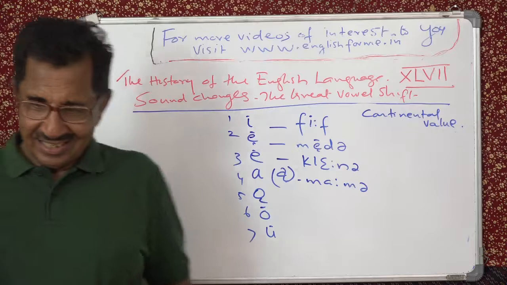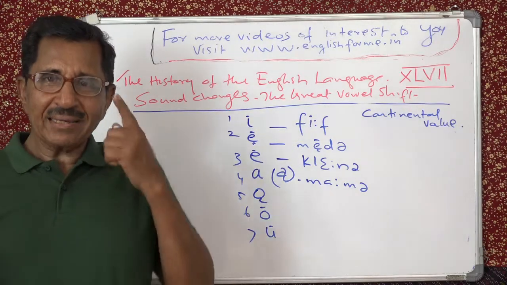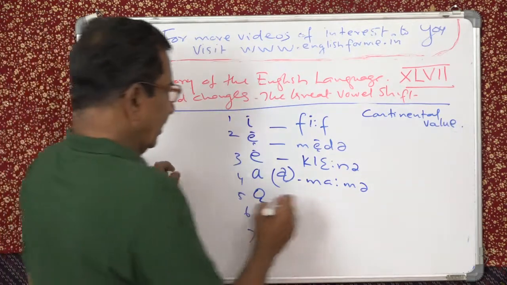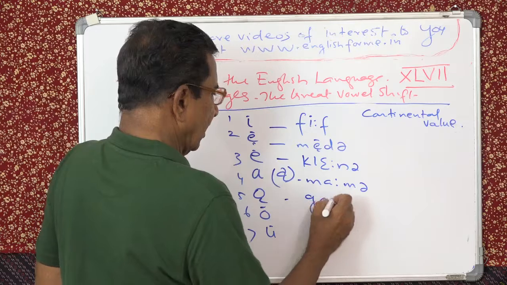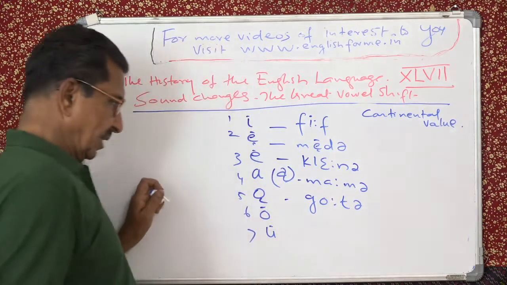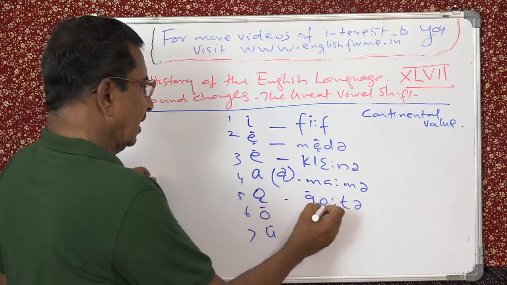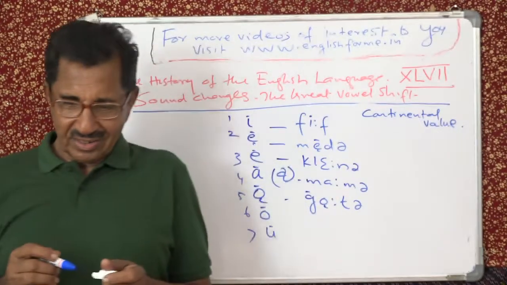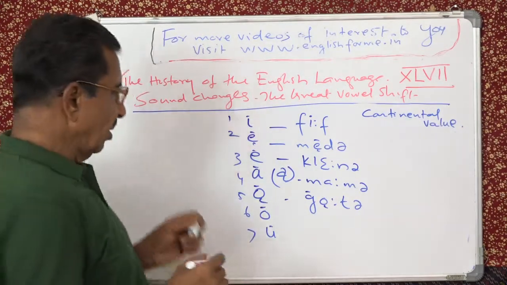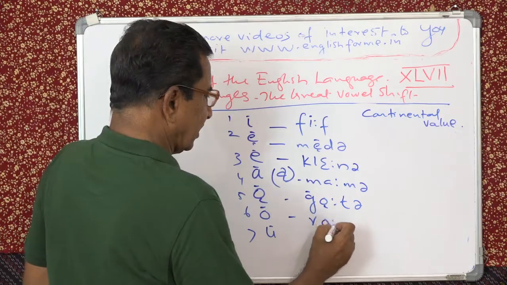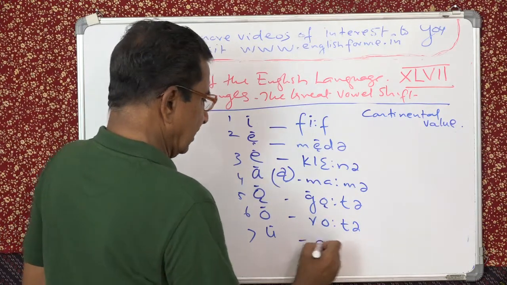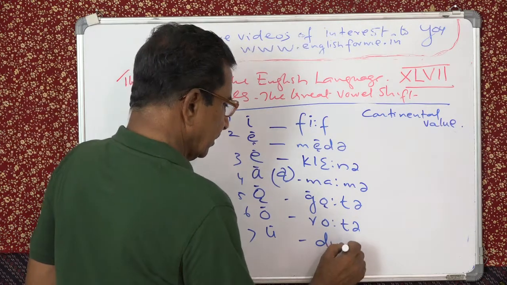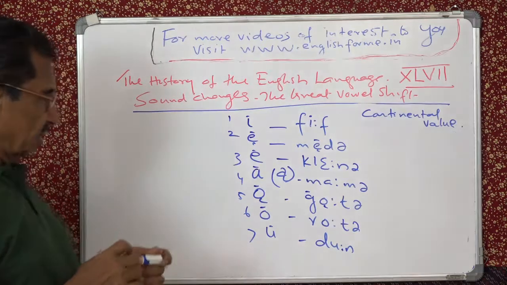And then the next is the back rest. O. So you can say got. These are the marks for lengthening. Got. And the next is rot. And the last is doom. Now I think it's better.